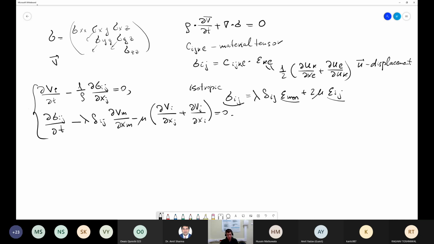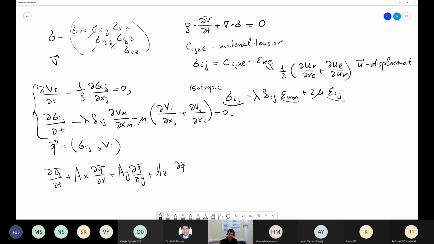And if we introduce the vector of unknowns that will contain sigma ij and also the whole vector of velocities, we can rewrite this system in the canonical form as previously: dq over dt plus Ax dq over dx plus Ay dq over dy plus Az dq over dz is equal to 0.